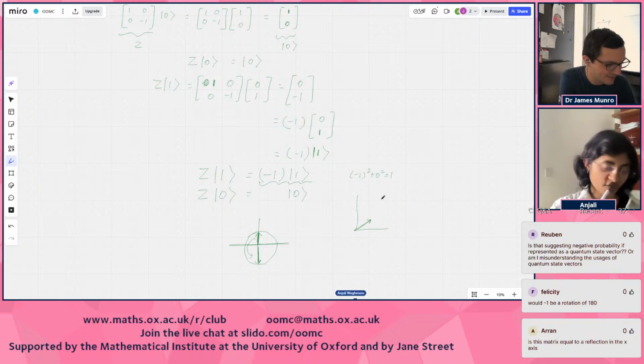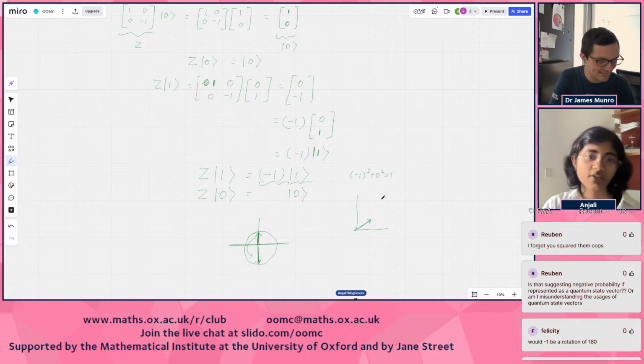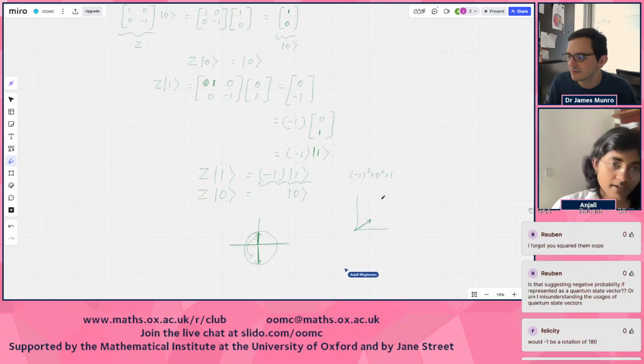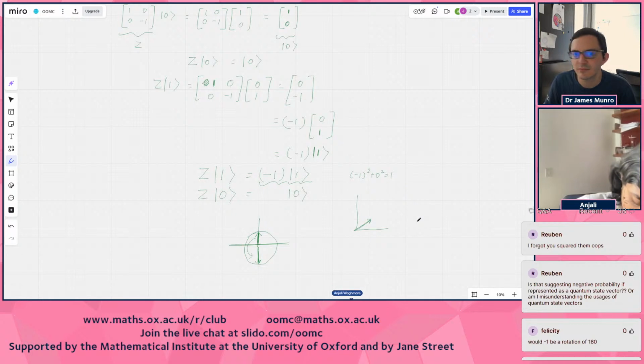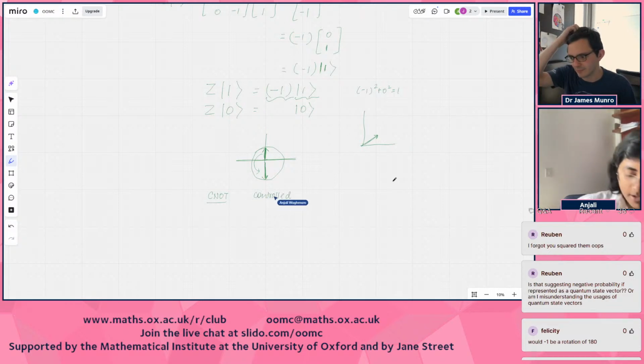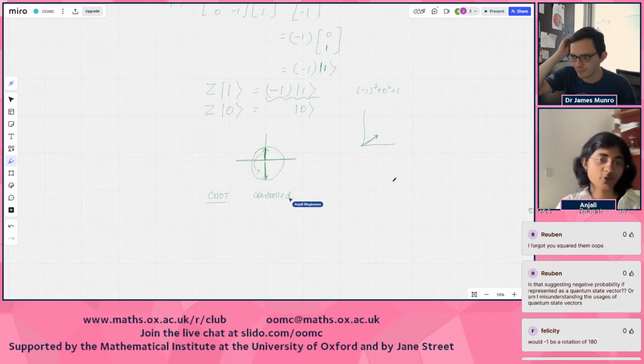This also tells us something interesting: your output depends on the kind of input that you're giving, so it's not a general transformation. We will look at a gate later called the CNOT gate, or controlled NOT gate, which is a multi-qubit version of this.